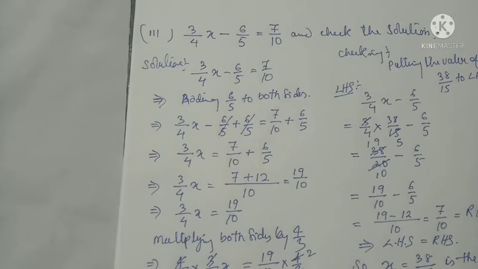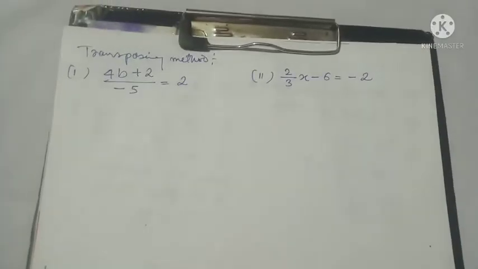So the next method we are going to discuss is the transposition method. Let's see what the transposition method is and how we find the value of the variable by using it. Here the second one is the transposing method. By using the transposing method, we have to solve the linear equation.